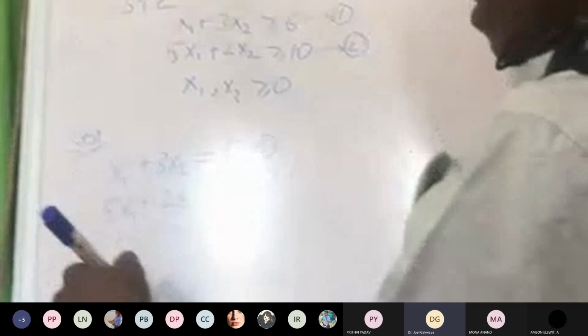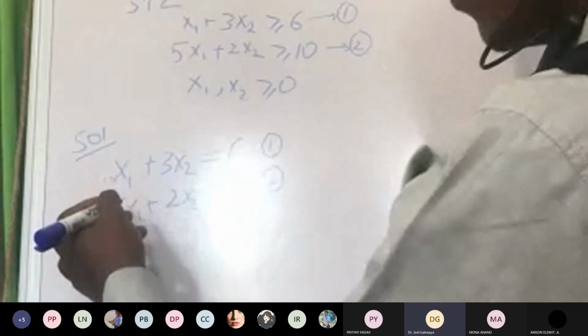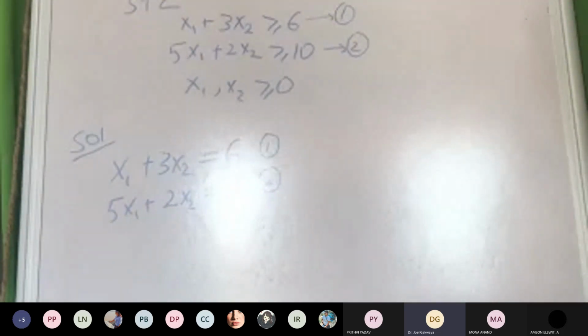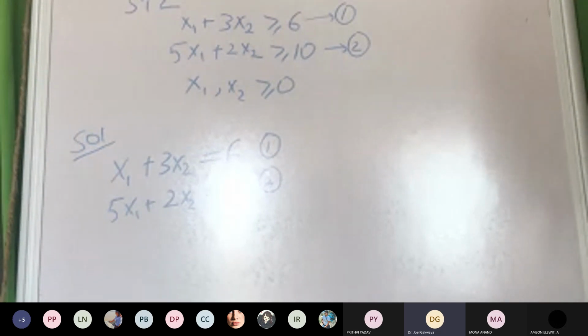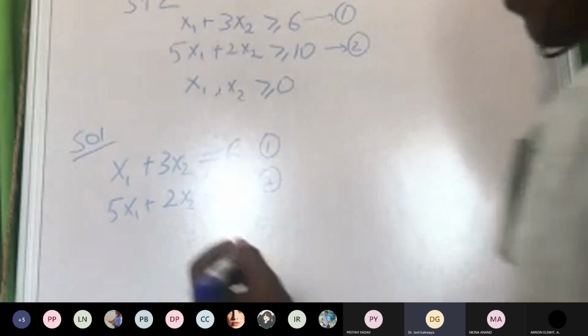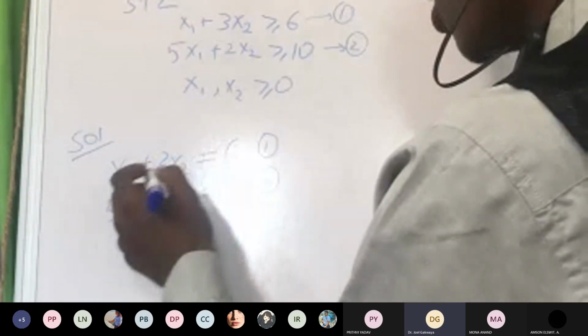Next, number 2, the next step is to find the coordinate points which can formulate the straight line. We want to know the points which can make our straight line from equation 1.